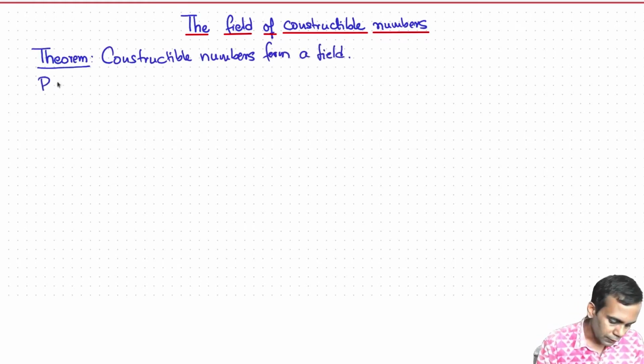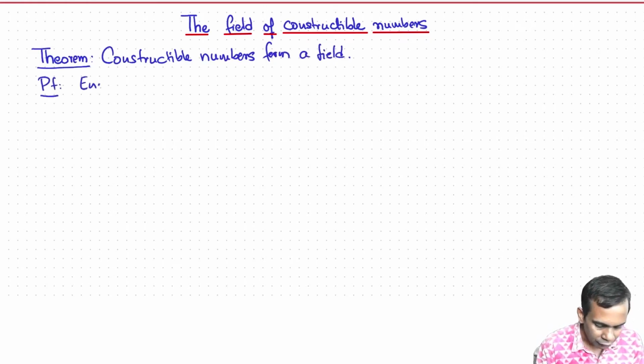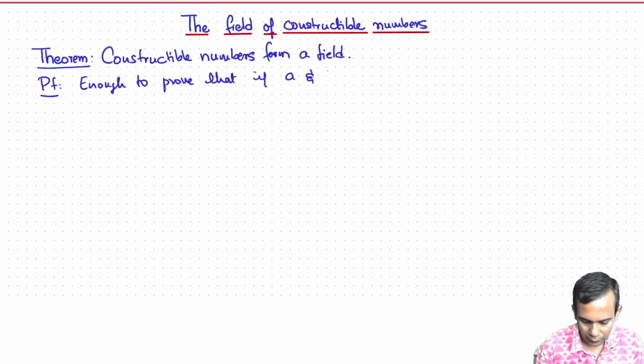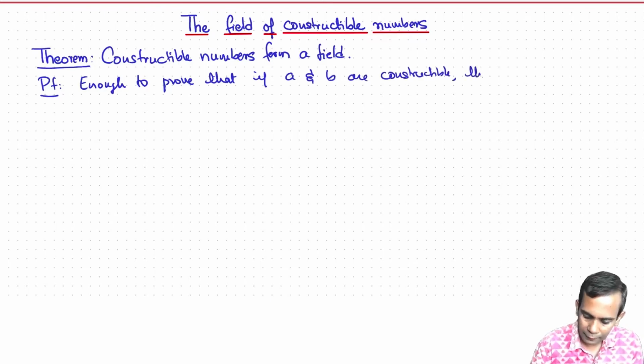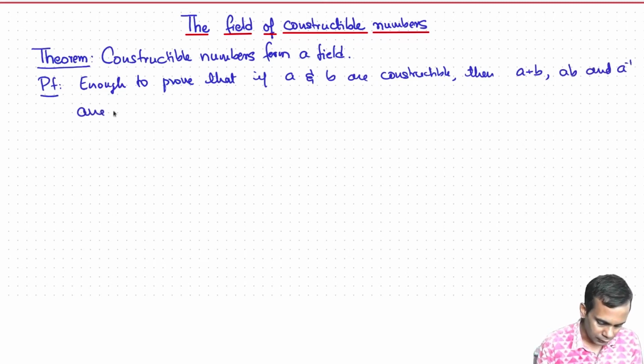To show this, it's sufficient to prove that if I have two constructible numbers a and b, then a plus b, ab, and a inverse, 1 over a, are constructible.